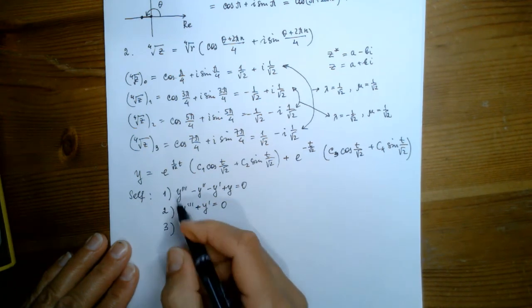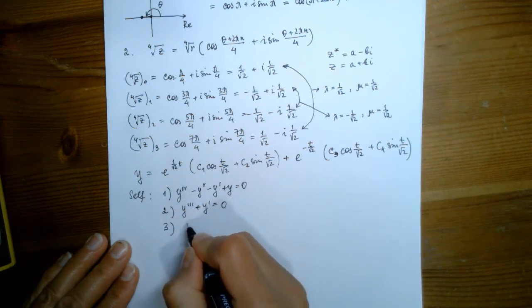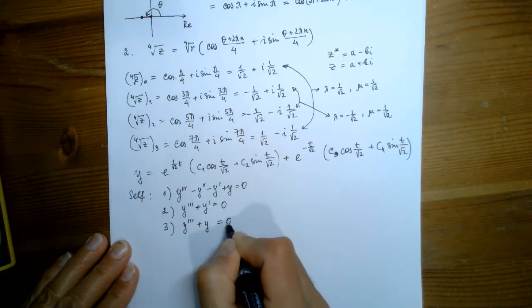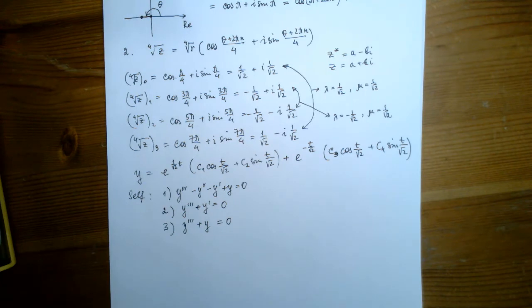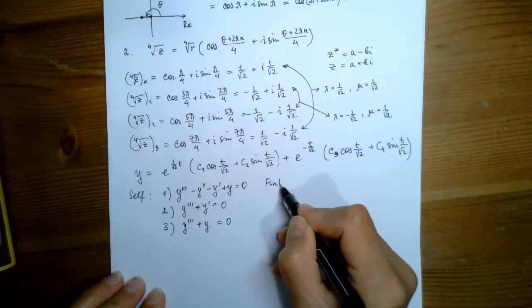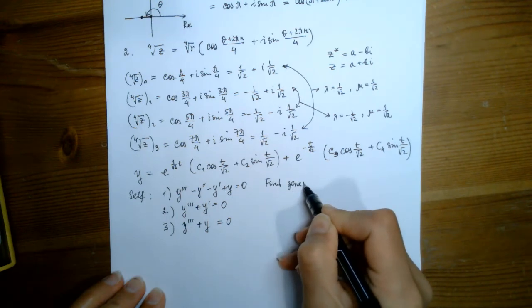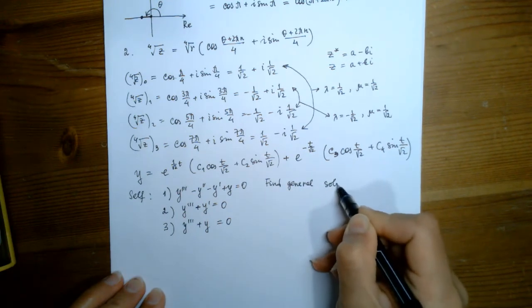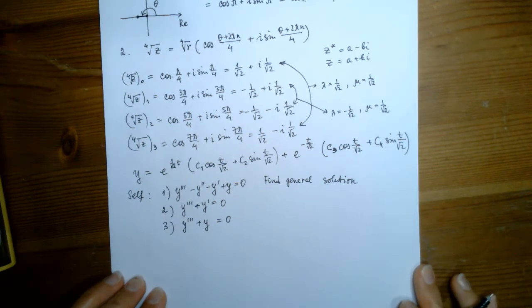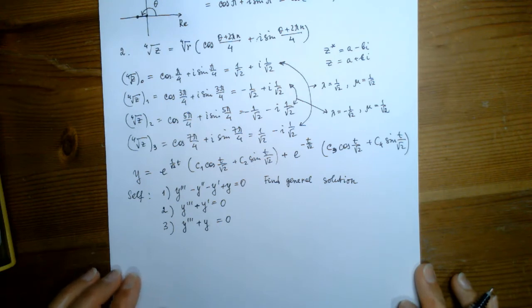And case number 3, y third derivative plus y equals 0. So we have 3 different cases. I want the general solution in all 3 cases. I'm going to count to 3 and then try to solve all these problems myself, okay?